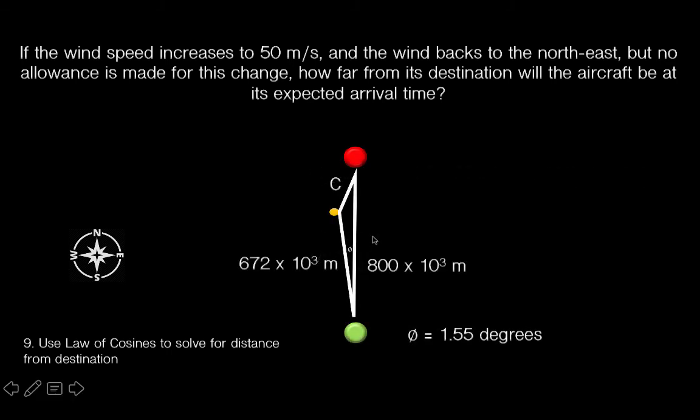So applying that to this, which is what we're trying to solve for, we have this side, and then the unknown, and then we have this angle, phi.